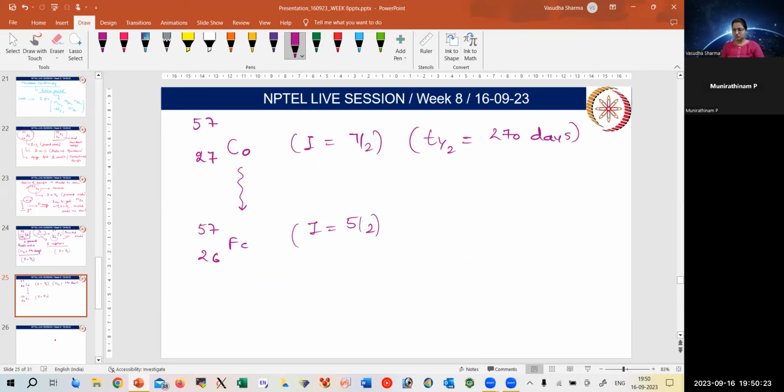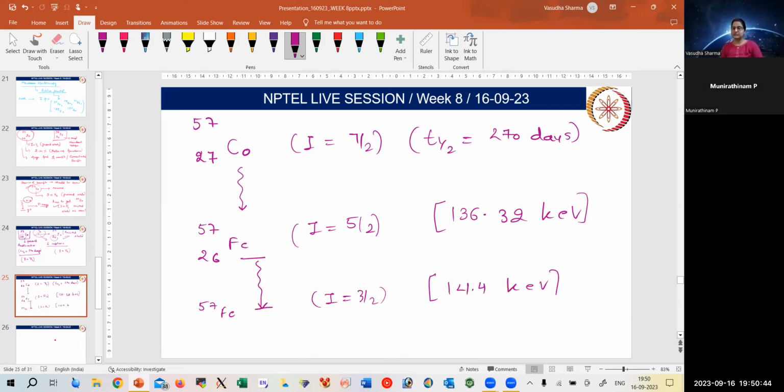Its energy is 136.32 kilo electron volt, very high energy. From this it goes to 57 iron 26 with I equals 3/2, and its energy is 14.4 kilo electron volt. You can see the difference.